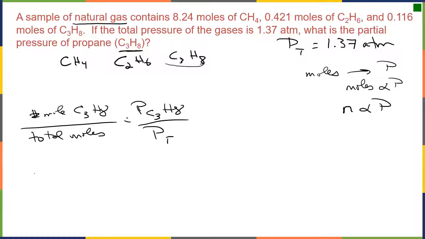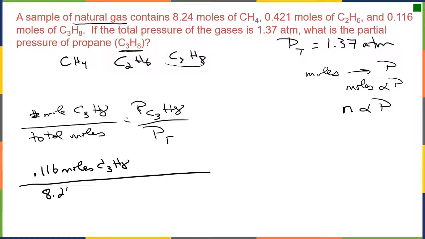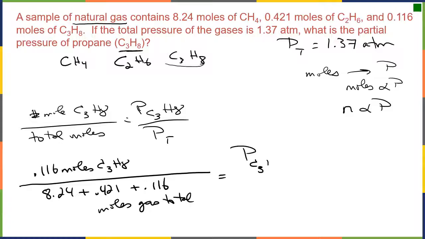So if we take 0.116 moles of our propane and divide it by 8.24 plus 0.421 plus 0.116, which is the moles of gas total, that's going to equal the pressure of propane divided by the total pressure, which is 1.37 atmospheres. Again, the fraction of moles is the same as the fraction of pressure.